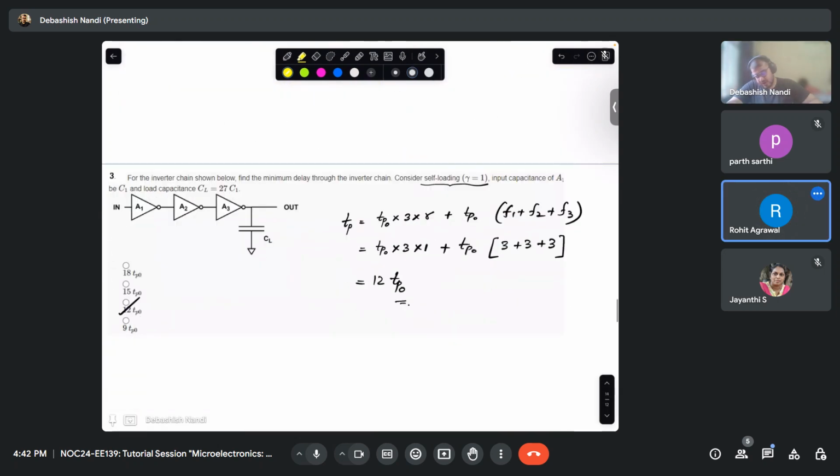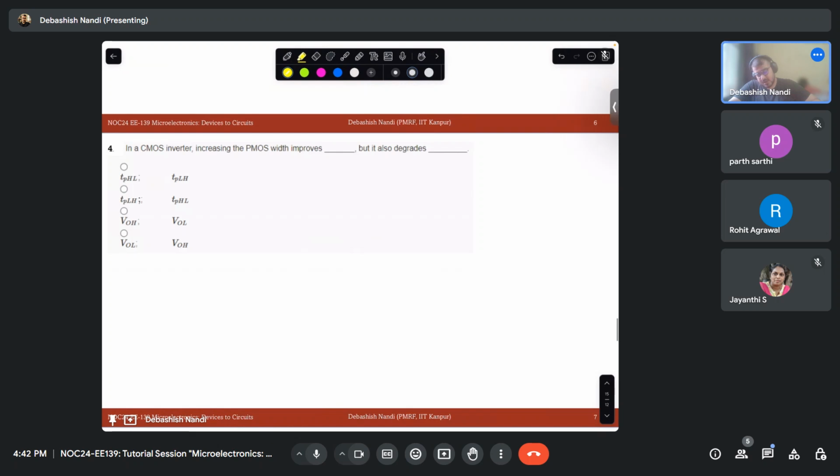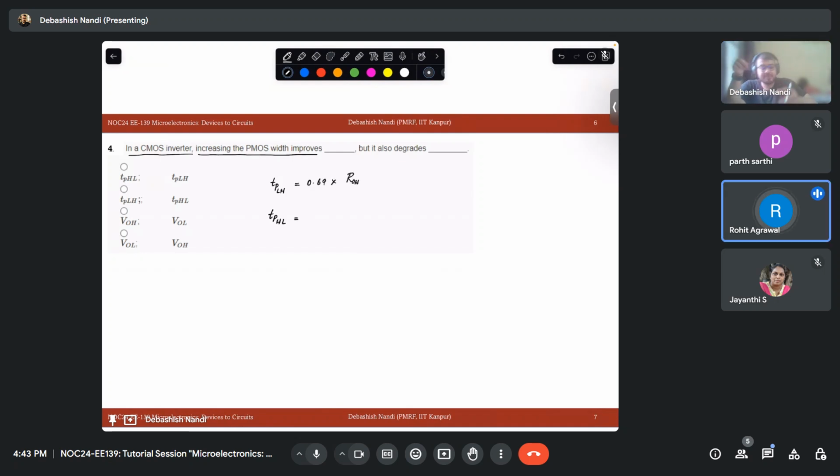So moving on to the next problem. So far, what we have discussed, you should be able to answer this. In a CMOS inverter, increasing the PMOS width, what is my TPLH and what is my TPHL? This is 0.69 times R on. TPLH means low to high: the output is going low to high, that means the output capacitance is charging. How will the output capacitance charge?